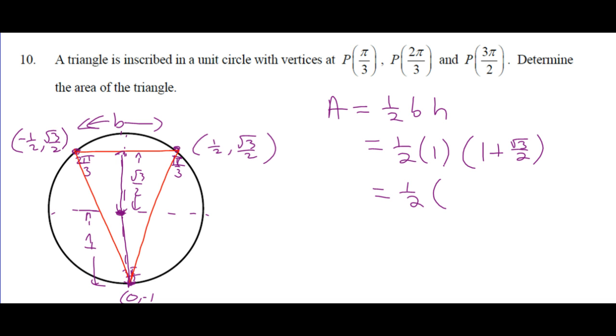So 1 plus root 3 over 2 will be 2 plus root 3 over 2. Right? So this common denominator becomes 2 over 2, becomes 2 plus root 3 over 2. So this becomes, actually, we probably write root 3 plus 2 over 4. Okay, so generally speaking, if there's a radical, you write it first. So you go root 3 plus 2 all over 4.